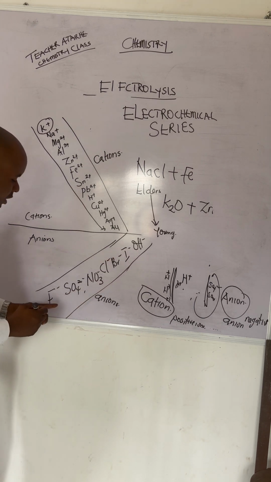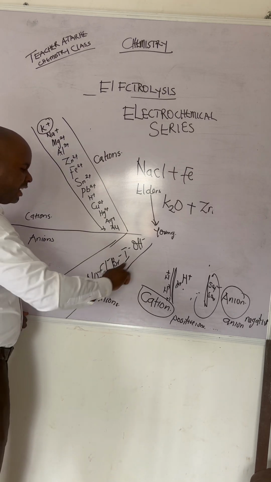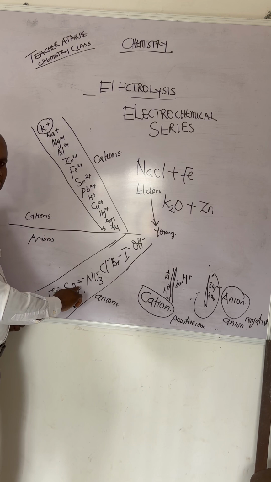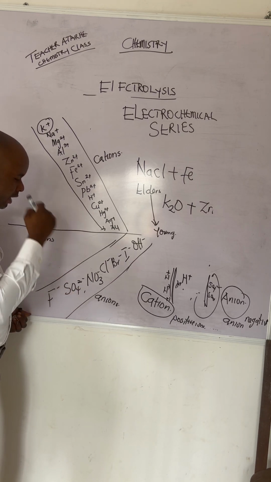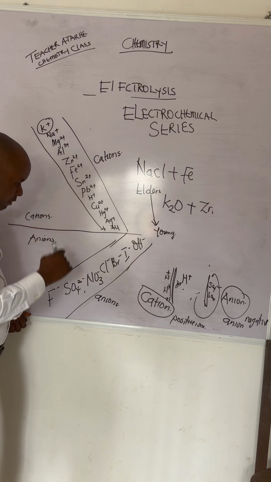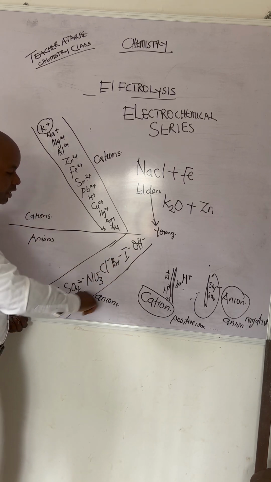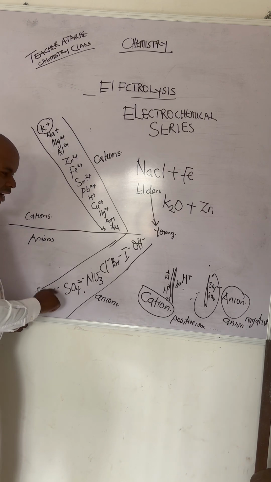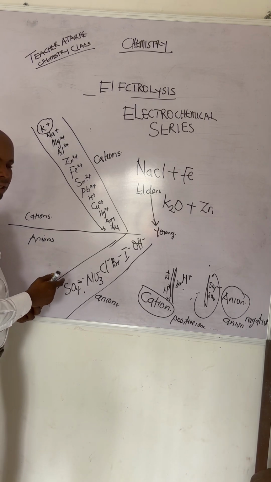If you check this table, fluorine can displace anything here in a given reaction. That is to say, if there is any foreign particle attached to these ions, fluorine can discharge or displace any of the particles present.